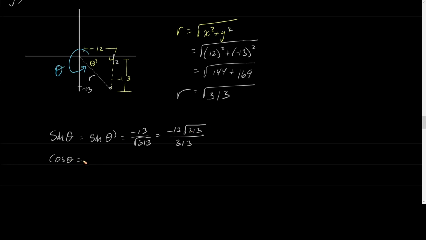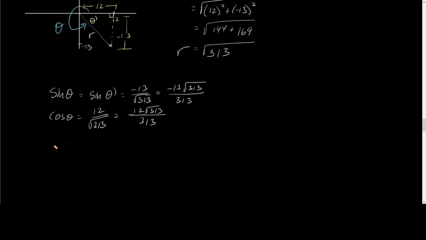Cosine theta, adjacent over the hypotenuse, which is just 12 radical 313 over 313.